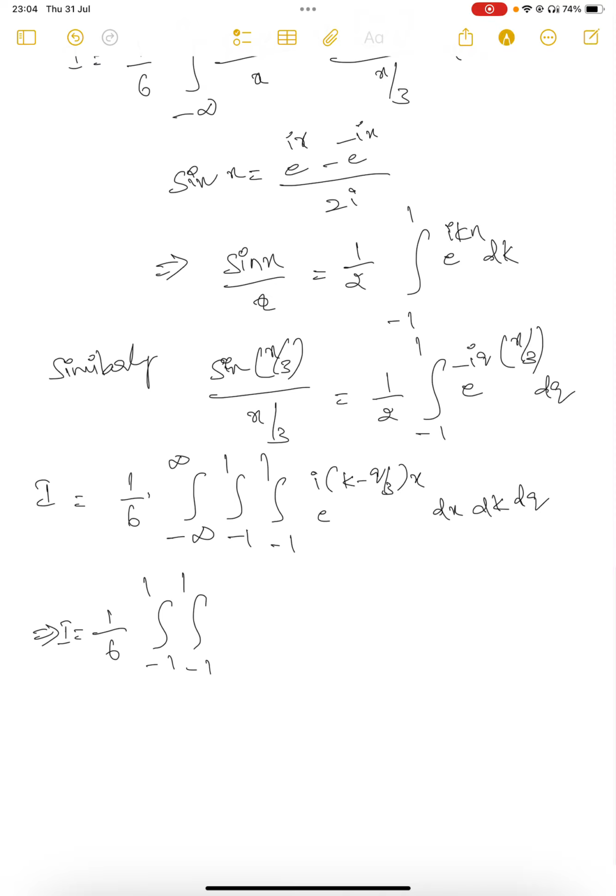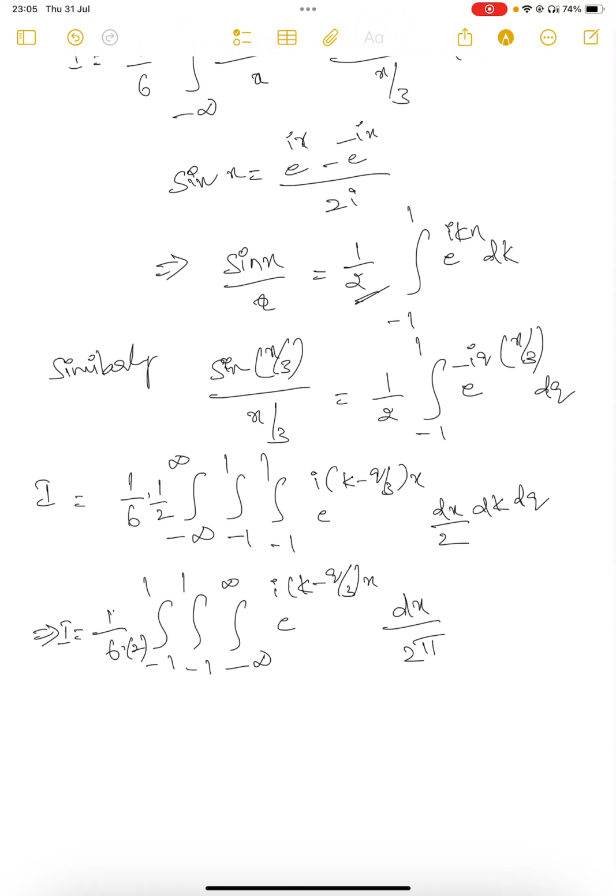Keep one 2 outside of this factor and one 2 inside. Then this will be 1 by 6 into 2, and this will be minus infinity to infinity e power i of k minus q by 3 into x, dx by 2.